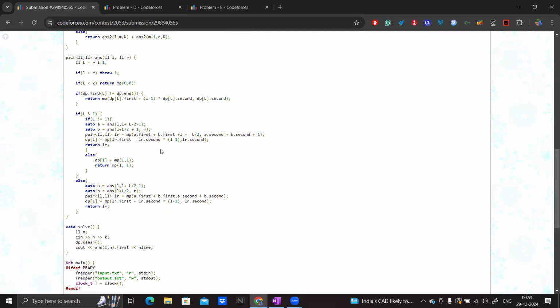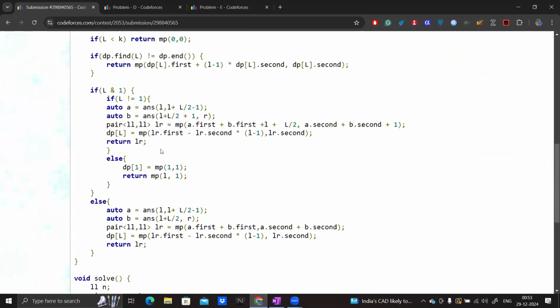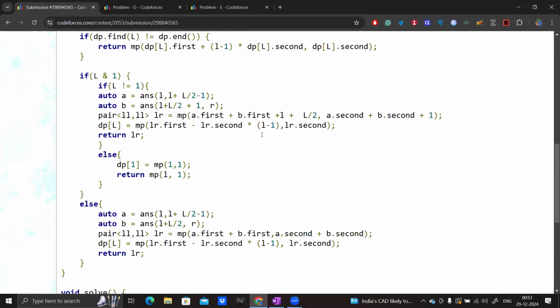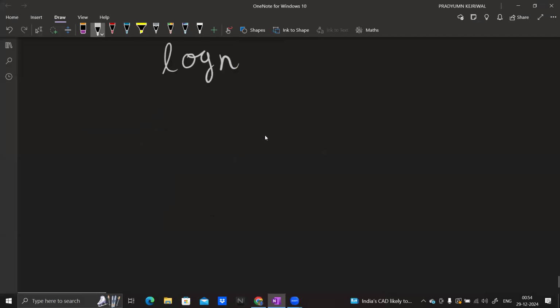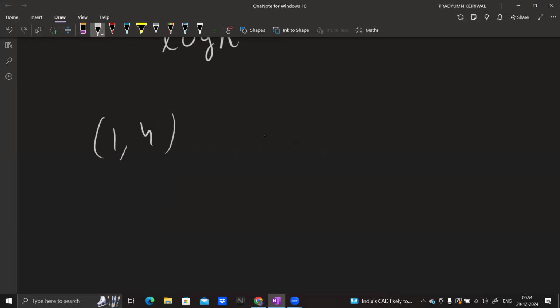Wait, why L minus 1? Because let's say you have the answer for 1 to n, right? Let's say you have the answer for 1 to 4. You need to find the answer for 7 to 10. So what would you add?